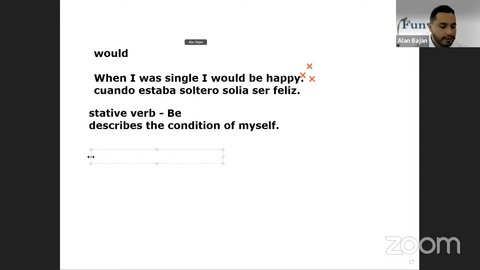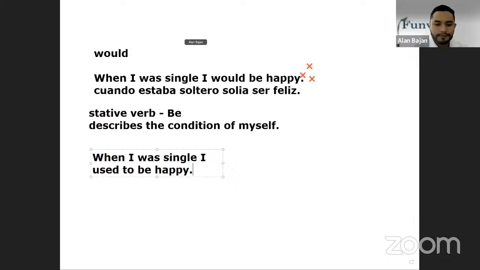Porque solía ser feliz no es una cosa que nosotros hacíamos repetitivamente cuando estábamos solteros, digamos. Porque uno no puede ser feliz todo el tiempo. Doesn't make sense, right? But I can say, when I was single, I used to be happy.